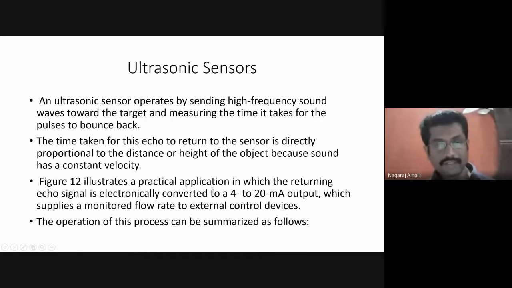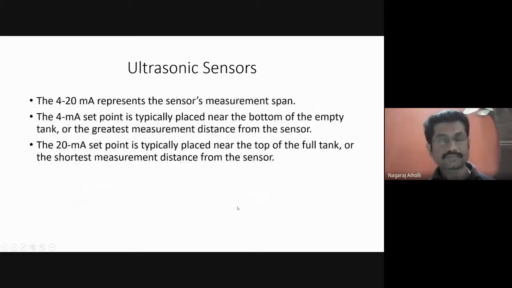Practical application: the returning echo signal is electronically converted to a 4 to 20 milliampere output signal. If the container has no liquid, it is empty, then that is calibrated as 4 milliampere in industry. That means the distance is greater, since it is the bottom portion.